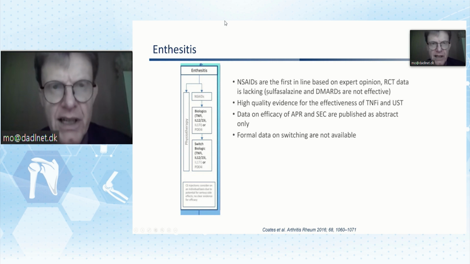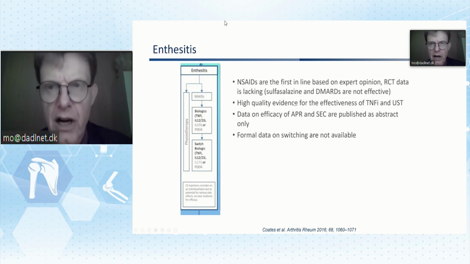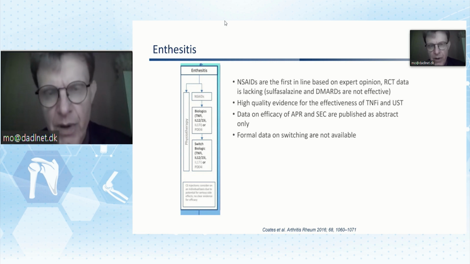And particularly the conventional DMARDs like sulfasalazine and other DMARDs are not proven effective. On the other hand, there are good data from biological therapies like TNF inhibitors and, at that site, ustekinumab, and there are also now data from apremilast and secukinumab, which were not published as papers, then only as abstracts.